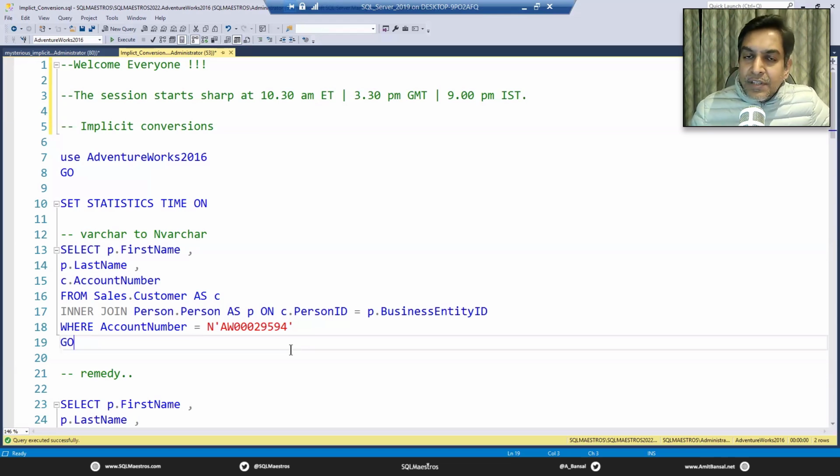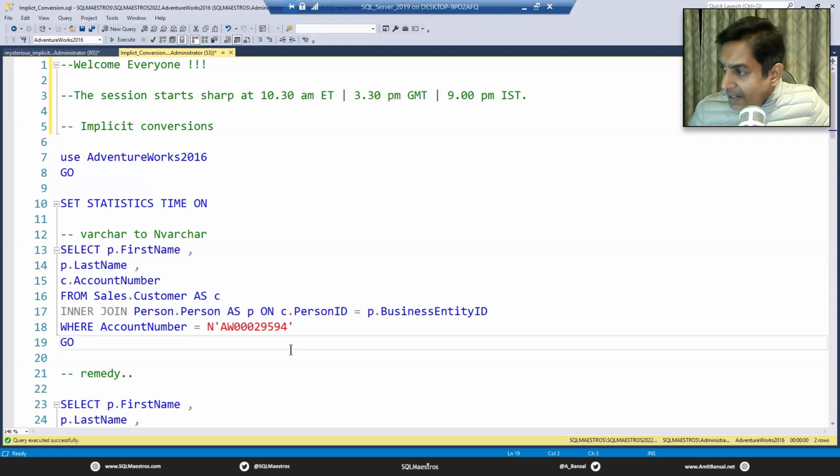It might take extra CPU cycles and it may hurt query performance. In some cases, it may also change the execution plan. That is where SQL Server tries to warn you that due to this implicit conversion, the execution plan is being changed, and you get this warning that the conversion is affecting the plan quality.